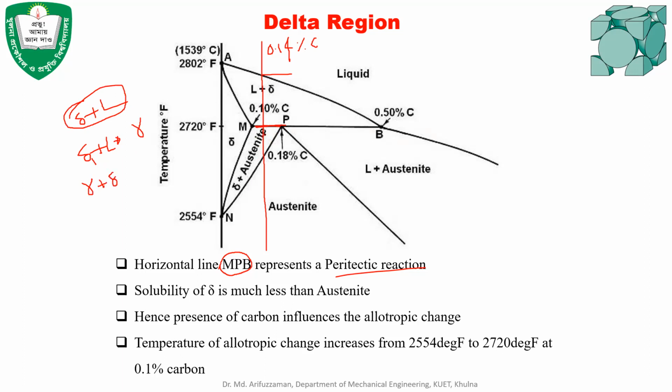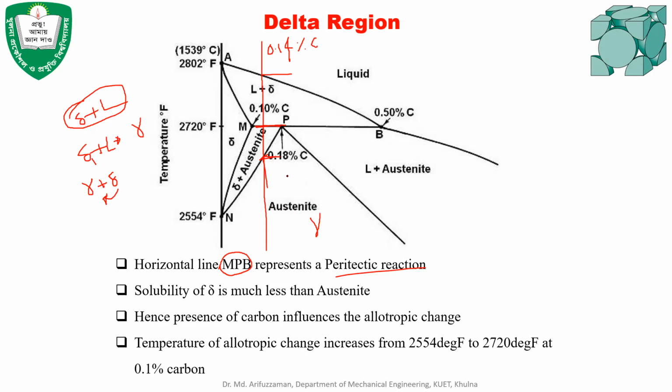Okay. And when the temperature drops, more and more gamma is produced from delta. Delta is converted into gamma, and below this temperature, there will be 100% gamma.